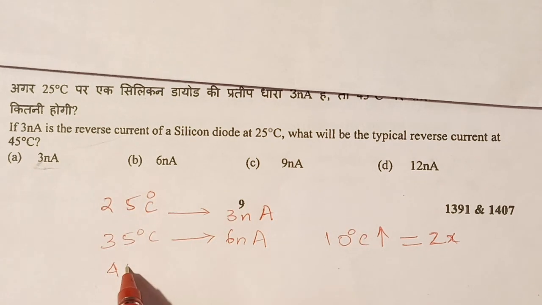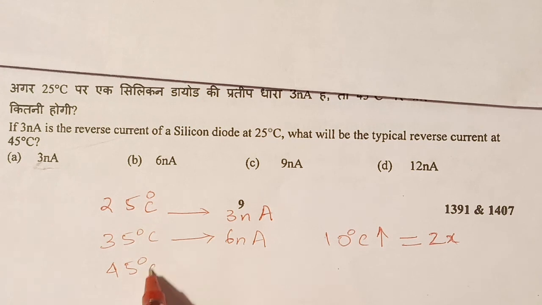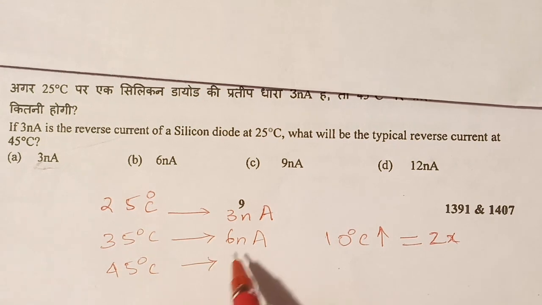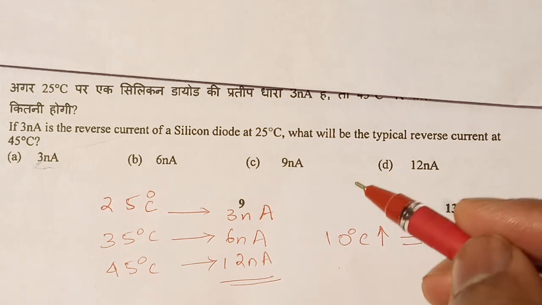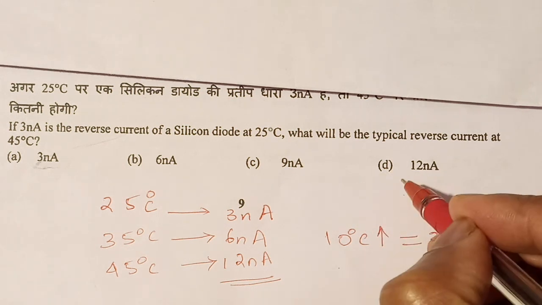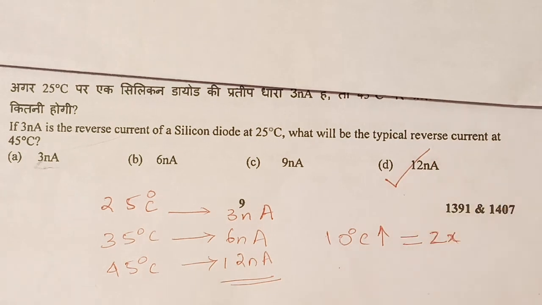What happens when it is 45 degrees Celsius? It again doubles, so it is 12 nanoamps. So every 10 degrees Celsius, the reverse current of a silicon diode doubles. So the answer is option D, 12 nanoamps.